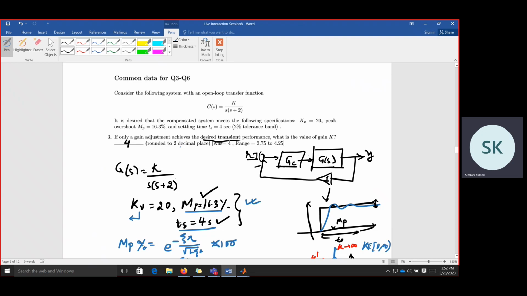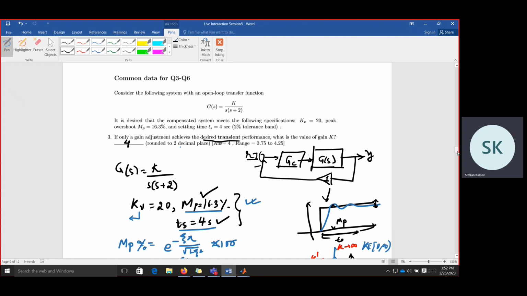First we try to increase the gain, and we check whether the specification leads to a dominant pole lying on the root locus or not. If it is lying on it, then if we increase the gain, we can achieve that transient response. If it doesn't lie on the root locus, then we include a lead compensator to improve the transient performance.